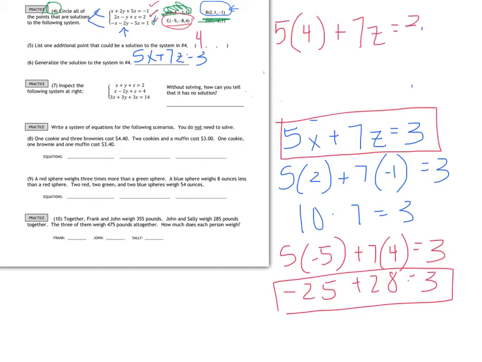Ooh, I rhymed. So I would have 7z is equal to, subtract the 20, and I would get a negative 17 here. Ick. That's really yucky. Let's see if we can pick another number that looks a little bit nicer.